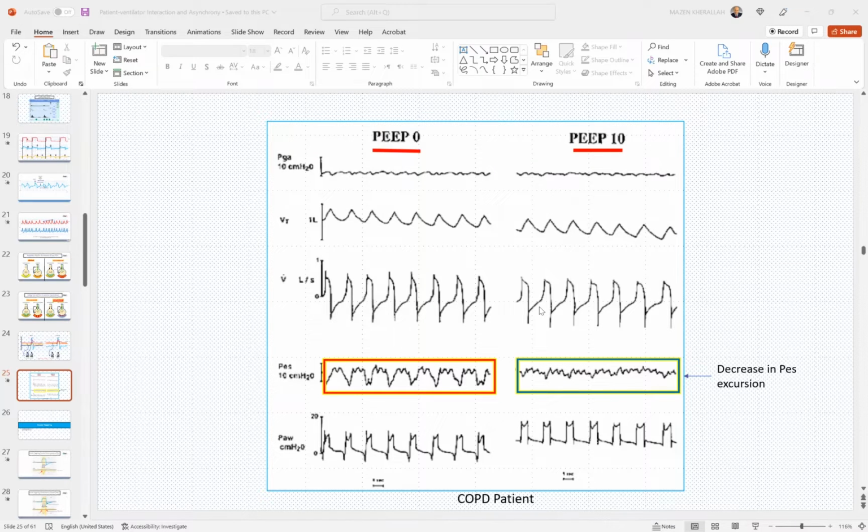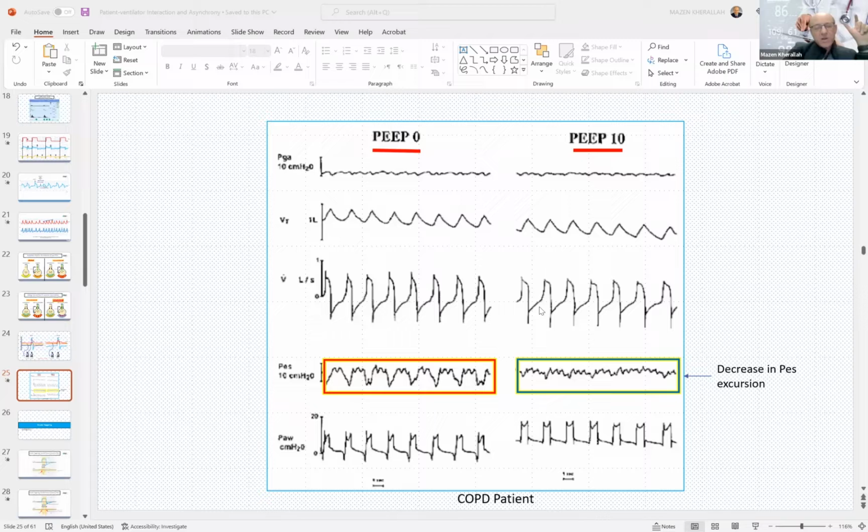But in the case of auto-PEEP in inspiration, we need to add auto-PEEP in the transpulmonary pressures to overcome the airway pressures. So the transpulmonary pressure in inspiration usually is negative and in expiration is positive, or was I mistaken?